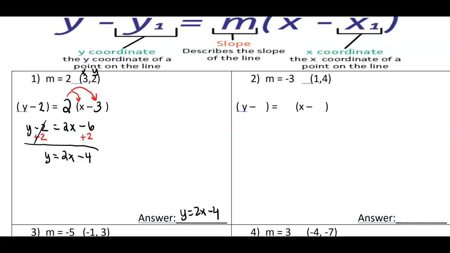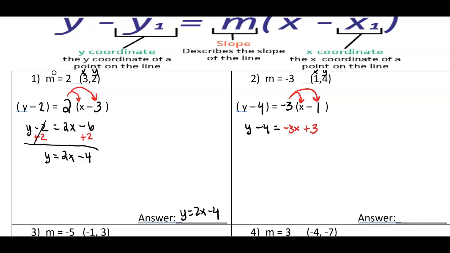So again, my slope is negative 3, so that gets put in right there. I have x and y. My y point is 4. My x point is 1. My first step is going to be to distribute. After I write down y minus 4 here is equal to, and then distribute. Negative 3 times x is negative 3x, and negative 3 times negative 1 is plus 3.